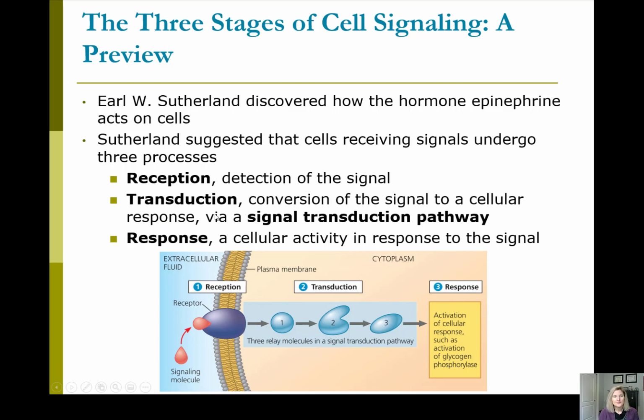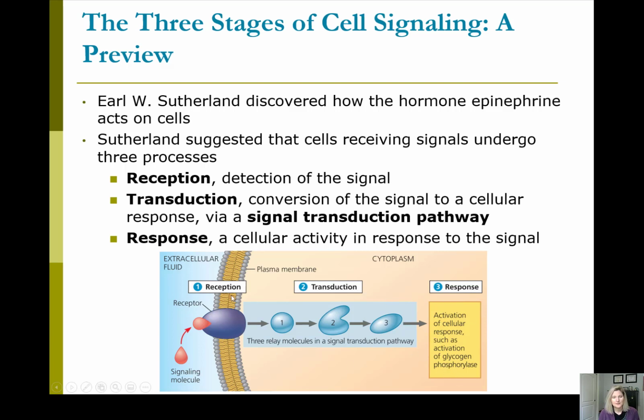That response is transduction, the conversion of the signal to some sort of cellular response. The transduction phase could be a certain pathway where we have multiple things going on until finally we get the response to the cellular activity that the signal initiated. So, what the cell was supposed to do.